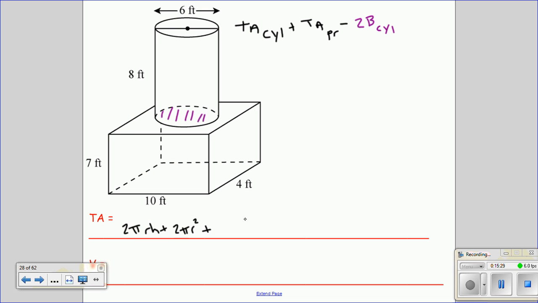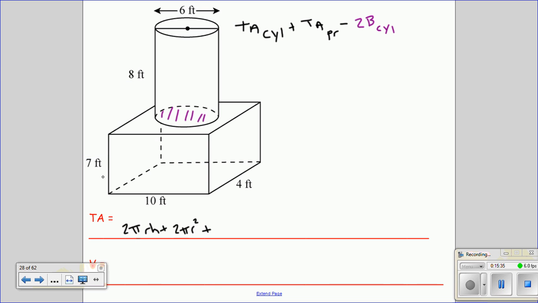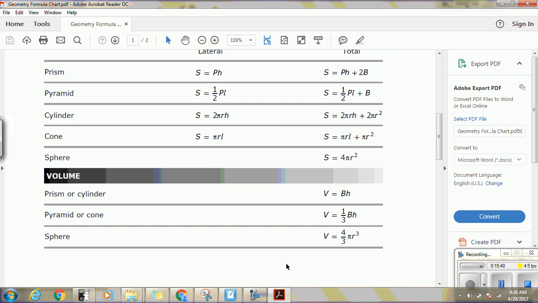Plus, I need the prism, which was pH plus 2b.